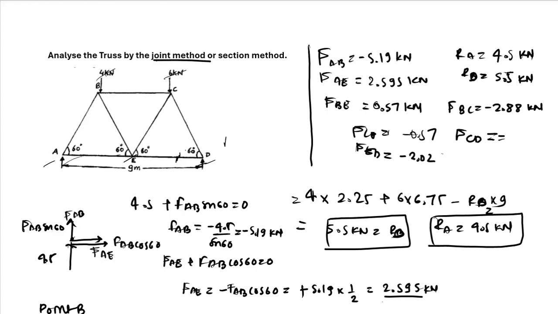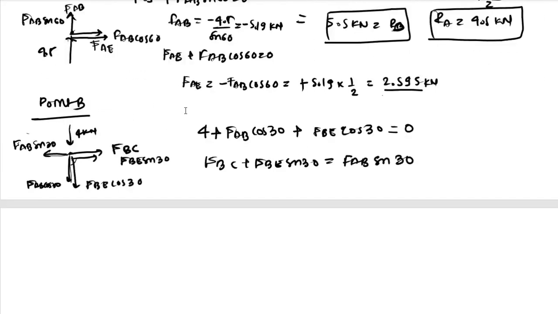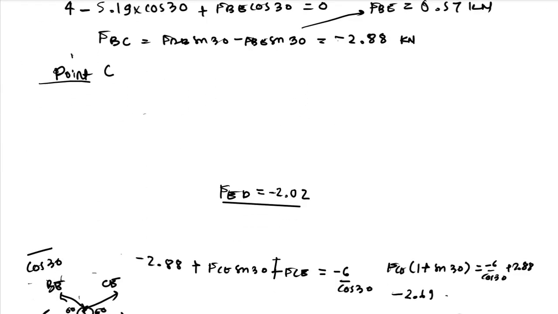We need FCD now, which we will calculate. You can calculate this at point C or point D. So let us just calculate at point D because we have all the values there also. At point D, we have a force. Let us assume it to be tensile again. And we also have, let us call it, FDC.